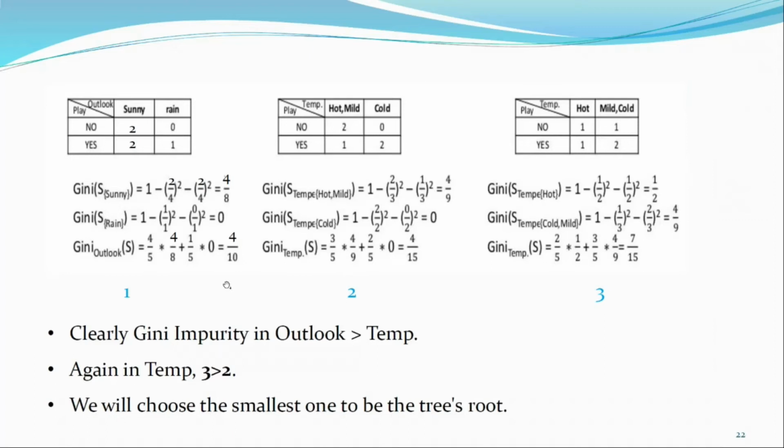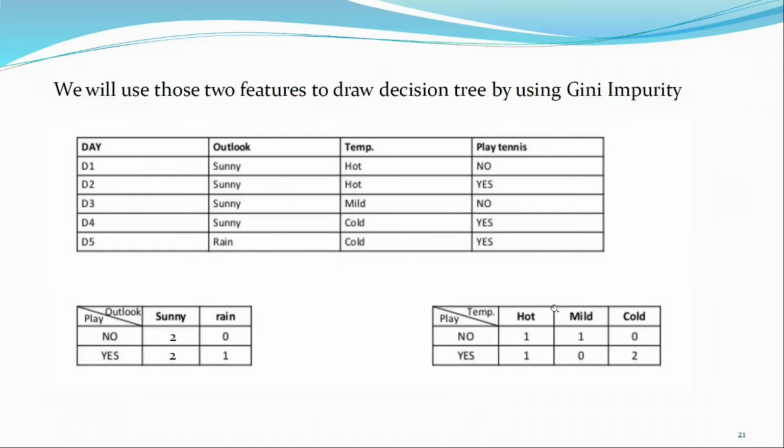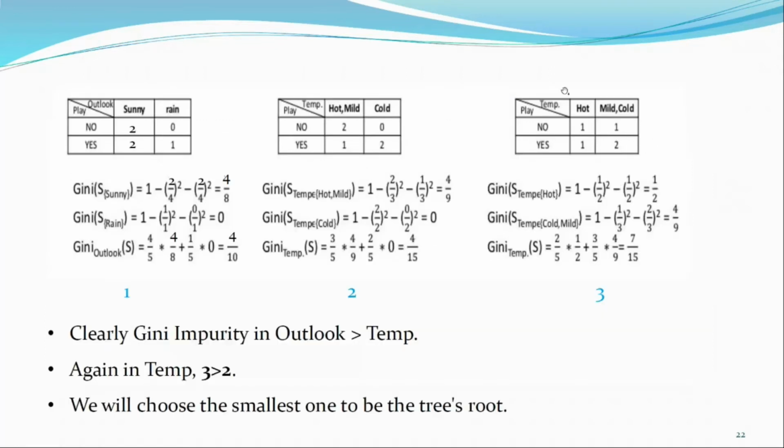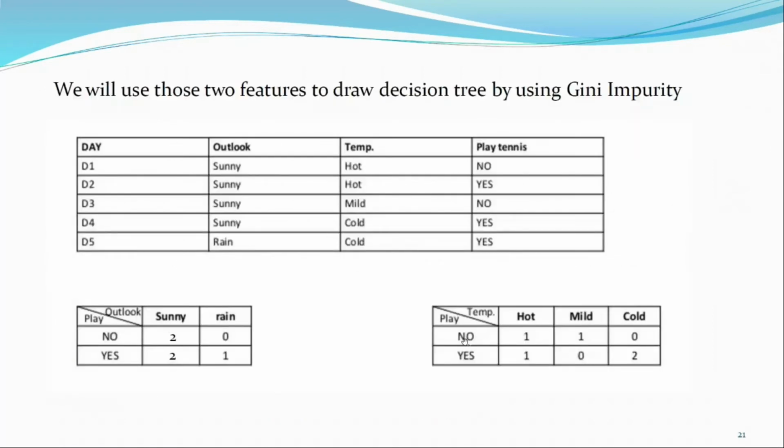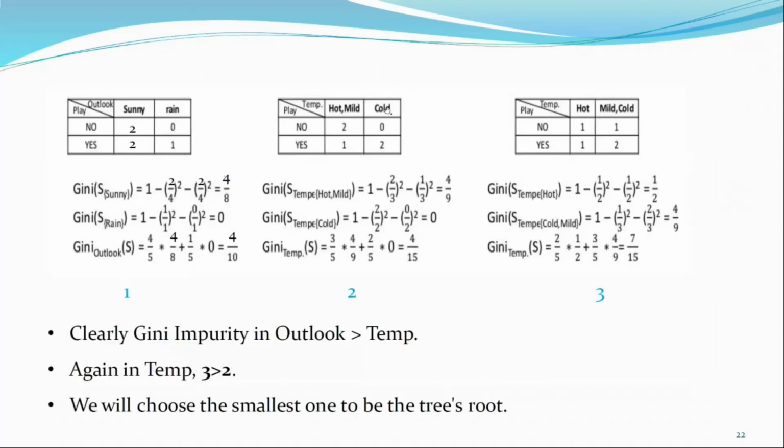Now from this data set, let's make another table: hot and mild versus cold, mild and cold versus hot. For this one, hot and mild has 1 plus 1, 2 rows, and cold as well. So here the Gini impurity of hot and mild is 1 minus (2/3) squared minus (1/3) squared.